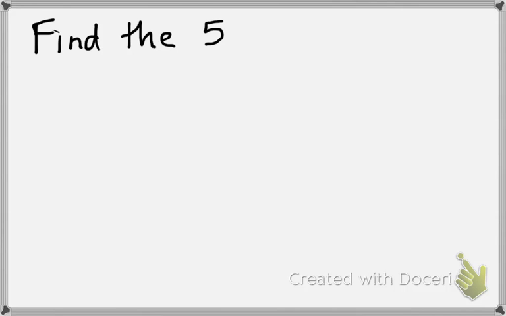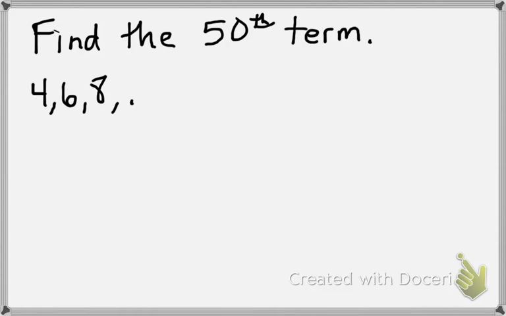Okay, so now here's some for you to try. This time you're going to find the 50th term. Okay, so you need to find the 50th term of these two sequences.